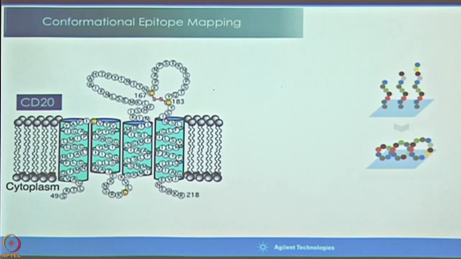When the conformation is there, you cannot use that strategy for the detection of epitope. So what they do, they make a very similar type of structure, like 7, 11, and 12 conformational peptides, circularized, same conformation, right? And imprint on a slide.